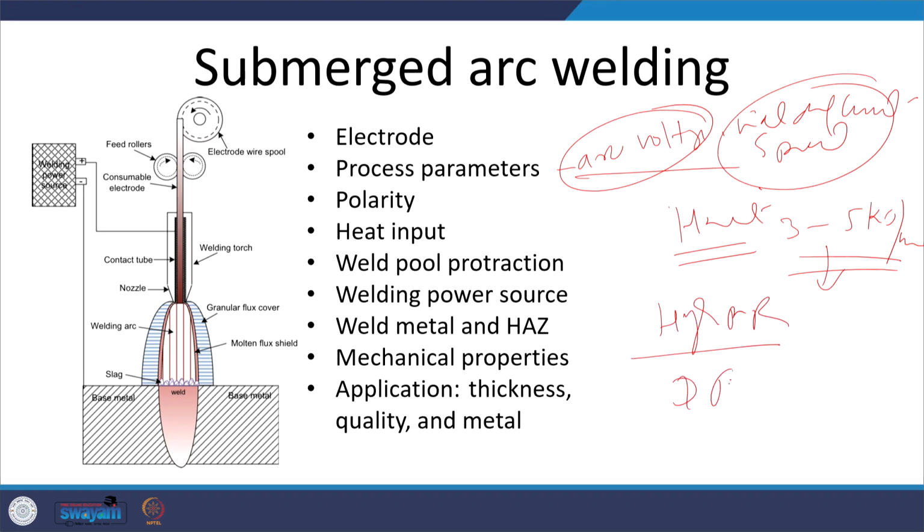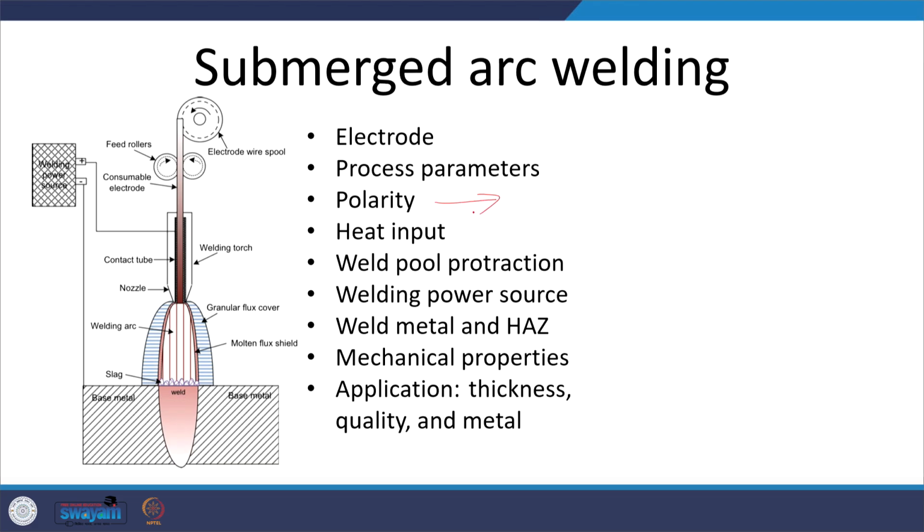So, a high deposition rate is realized, and that will help in increasing productivity. So, higher productivity through the higher deposition rate, which is realized through the higher melting rate, is happening due to the higher net heat input or higher welding current which is used.